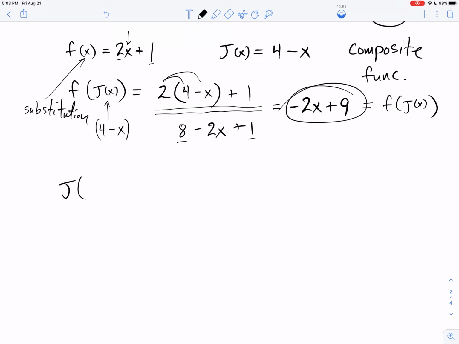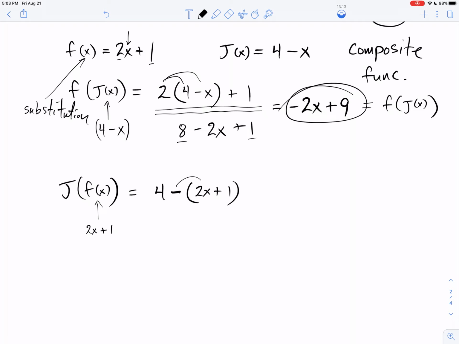We're going to go j of f of x. I told you these ones aren't that bad. Well, hey, guess what? What does f do for a living? This is what f does for a living. J, on the other hand, says whatever you give me, I'm going to say 4 minus whatever you just gave me to replace the x with.